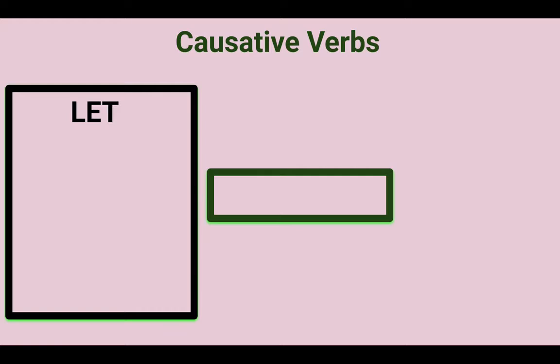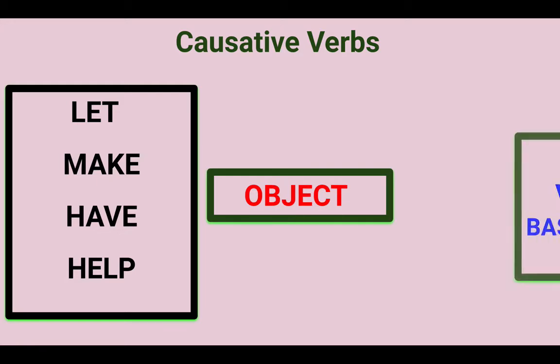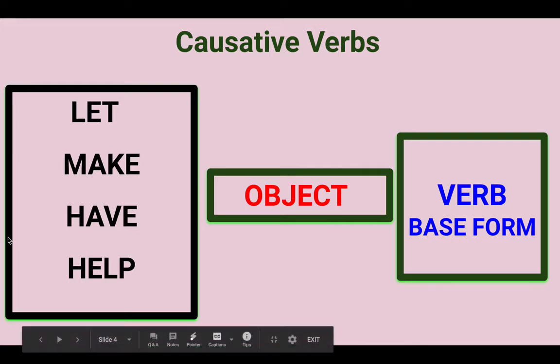The verbs are let, make, have, and help. They take an object afterwards, and then the base form of the verb. So that's the structure. You've got the causative verb, then an object comes after, and then the base or simple form of the verb.